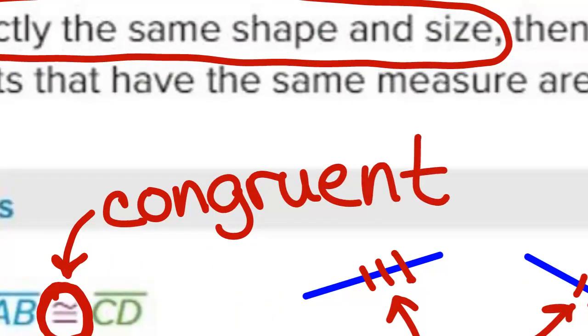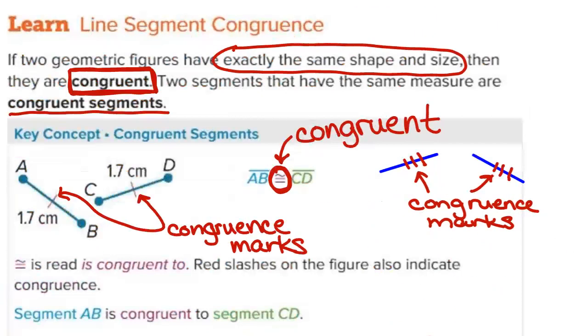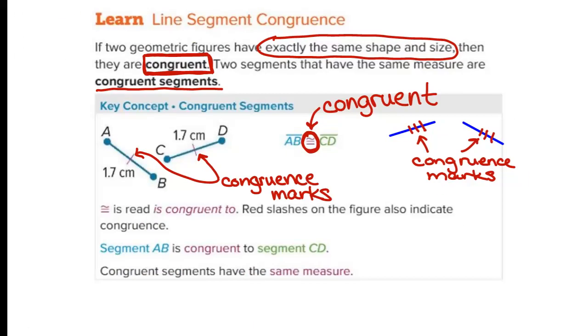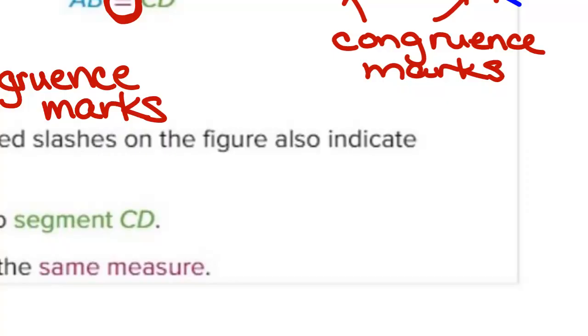It's an equal sign with a squiggle over the top. And the way I would read that sentence right there is segment AB is congruent to segment CD.